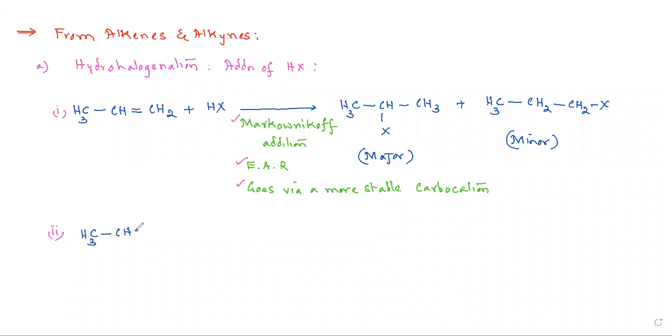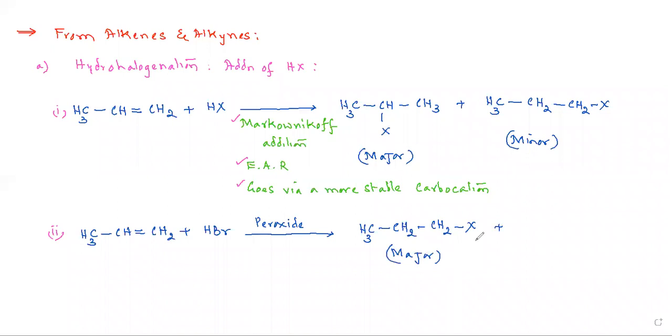Now the same thing if carried out in the presence of peroxide. Remember, peroxide effect is observed only with HBr. In this case, N-propyl halide is the major product and isopropyl halide is minor.